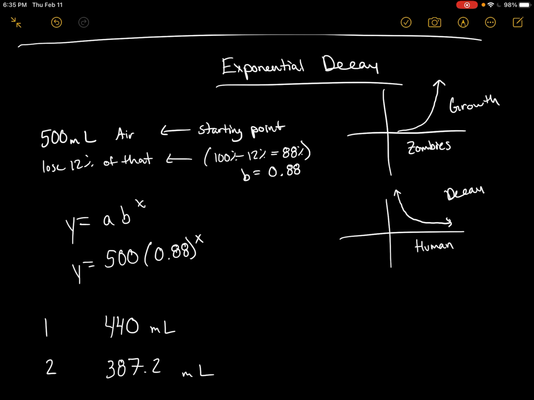Okay, so this function works. You can kind of back your way through this. If you're ever not sure, plug in some numbers and see if what you plugged in is reasonable. The idea is that whatever you're losing, you're taking that away from the 100% value that you started with. Whatever we plug in for x is going to give us an idea of about how much is going down.